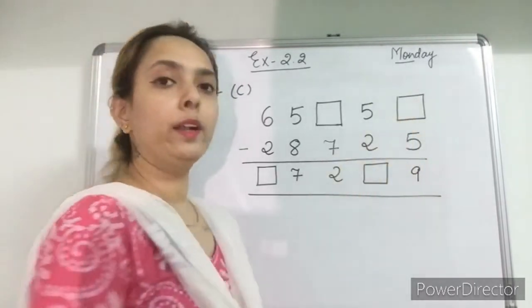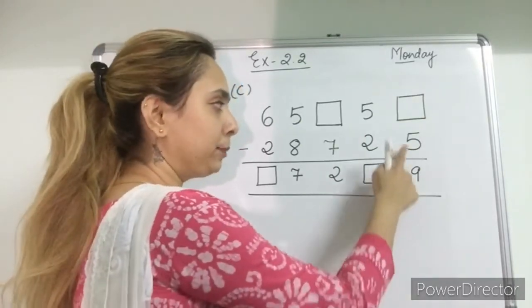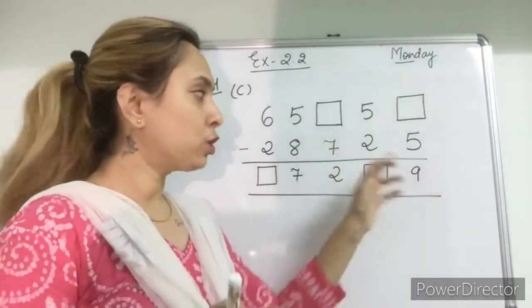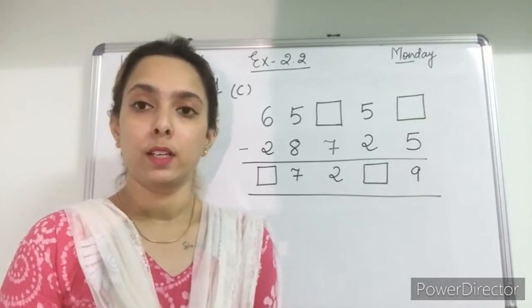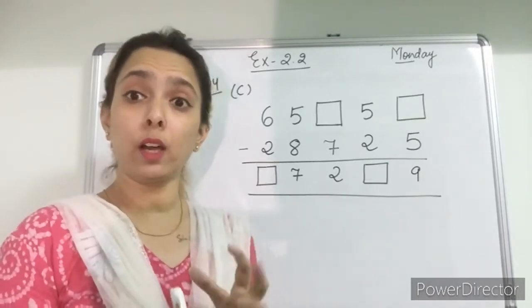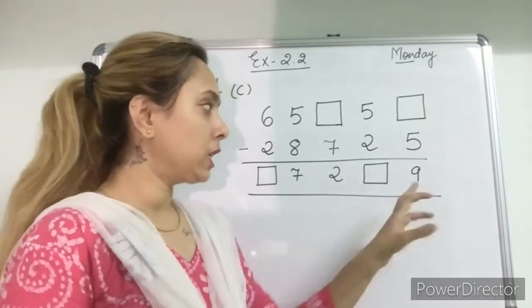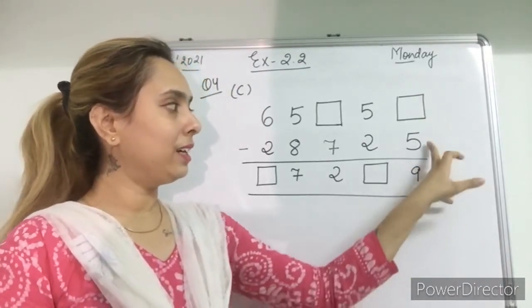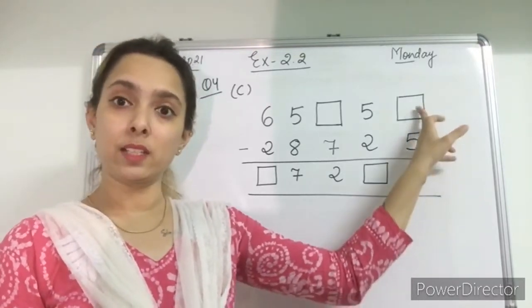What minuend will come here? So here we all know that we have to subtract from a number to get 9. So you have to think in all the possible ways. If we subtract, we can add. Here we can add 9 with this 5 and we will get the answer here.